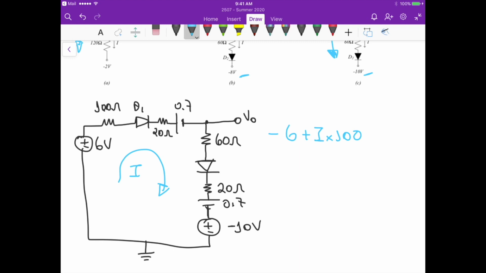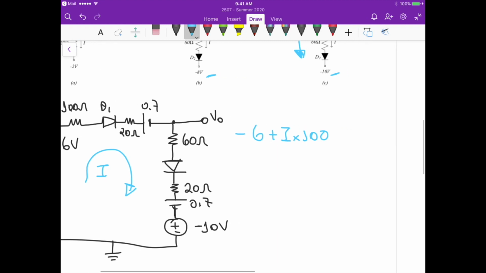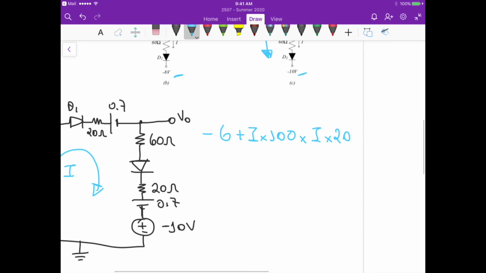So I times 100, plus I times 20 from the first diode, plus 0.7 volts from the first diode.